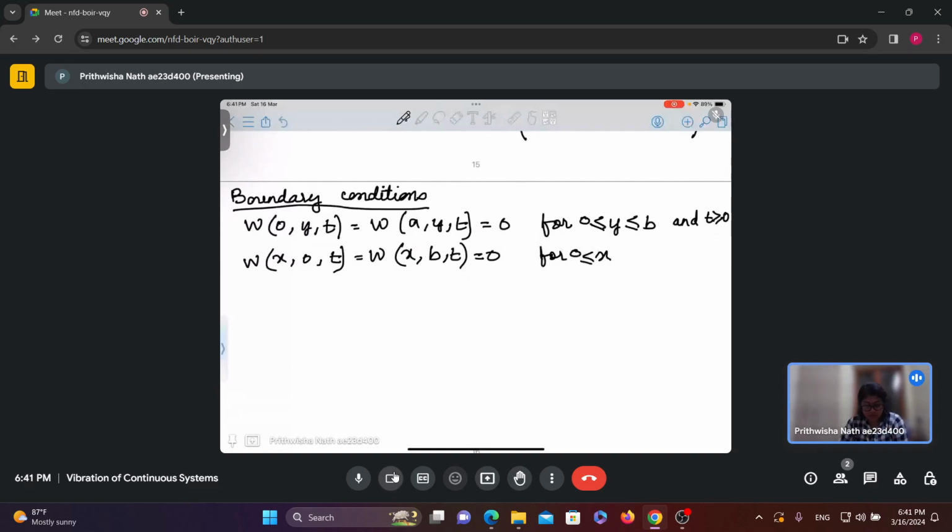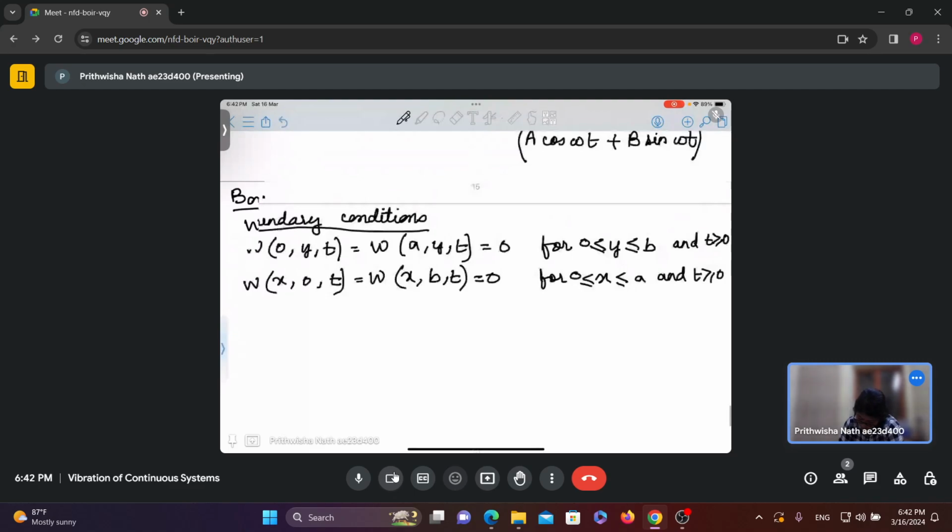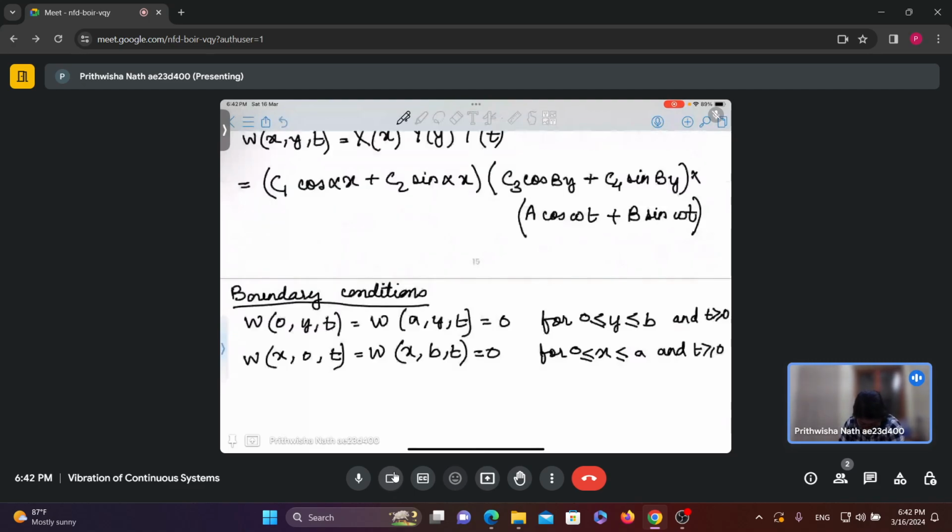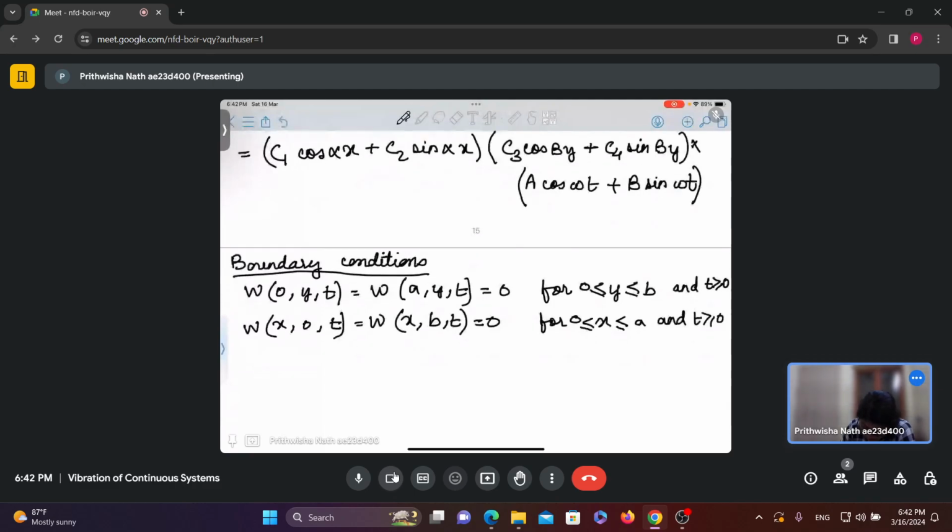Now what can I say from these given conditions? I can say that capital X at 0 and capital X at A is 0.